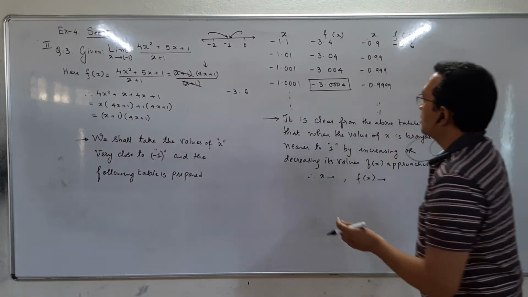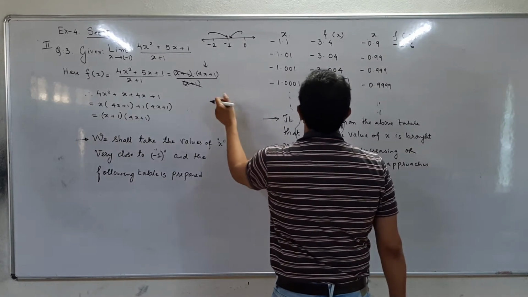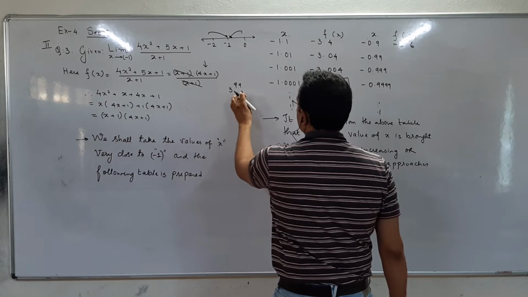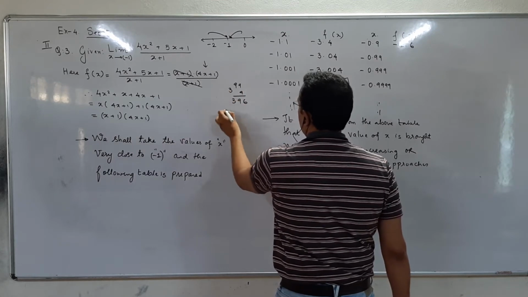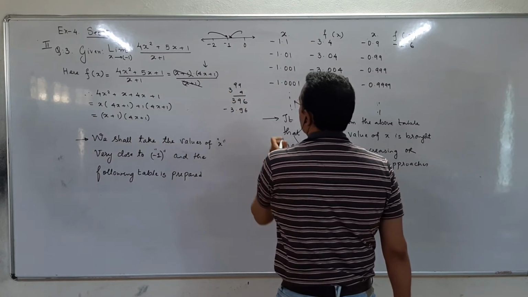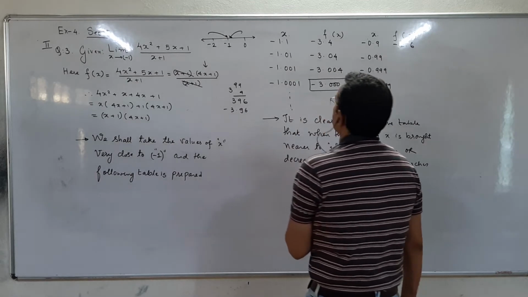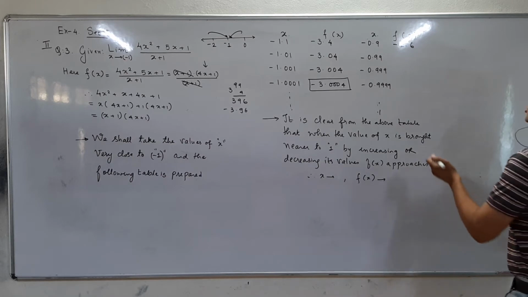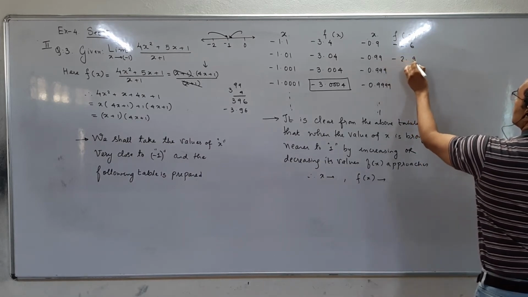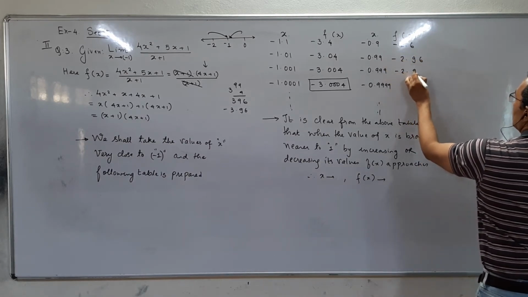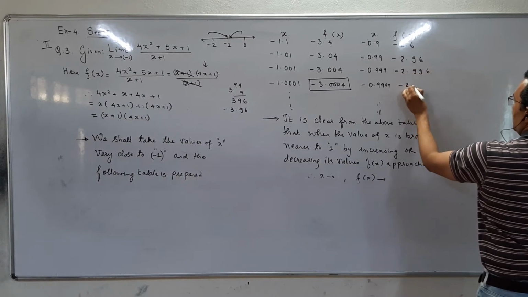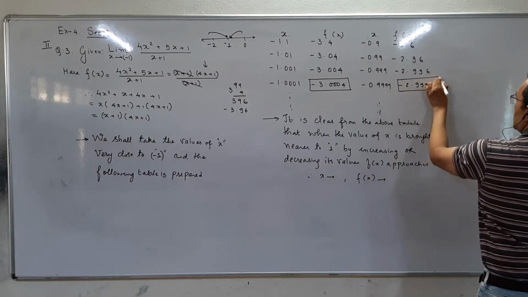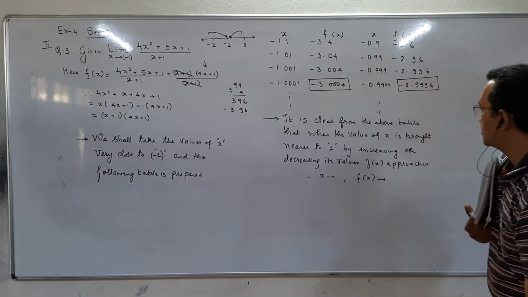Then -0.99 into 4. 9 4s are 36, so -3.96 plus 1 will be -2.96. Then -2.996. Then -2.9996. So this is very close, students, to -3.